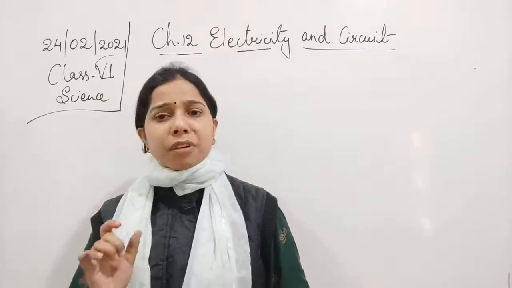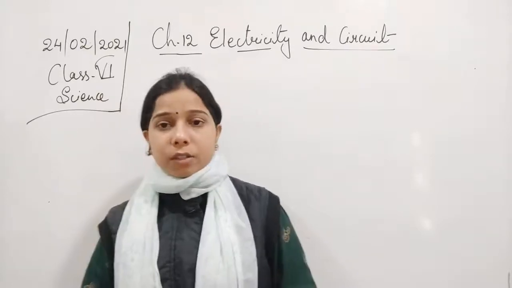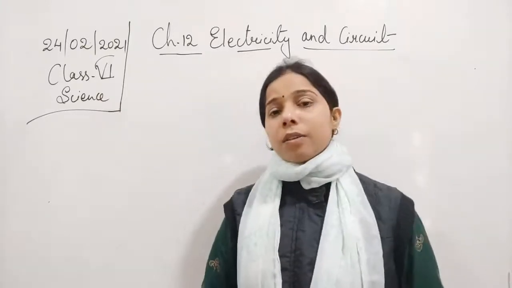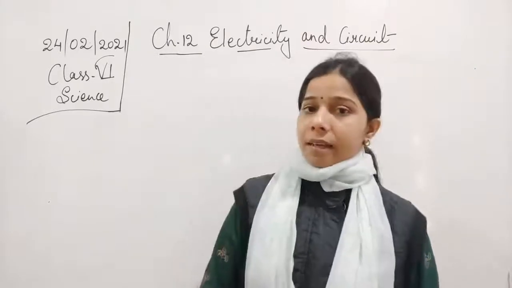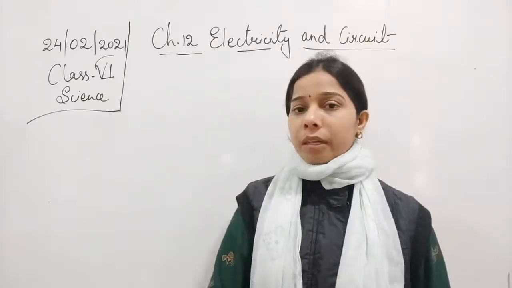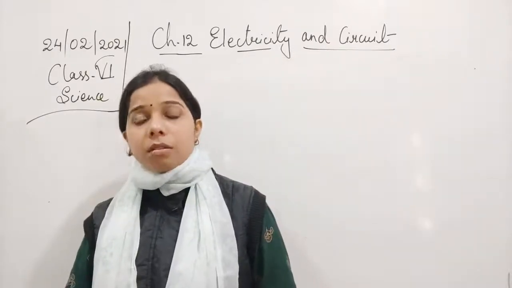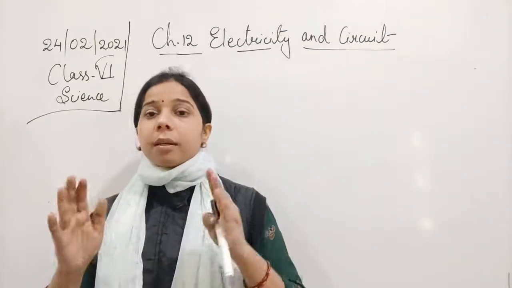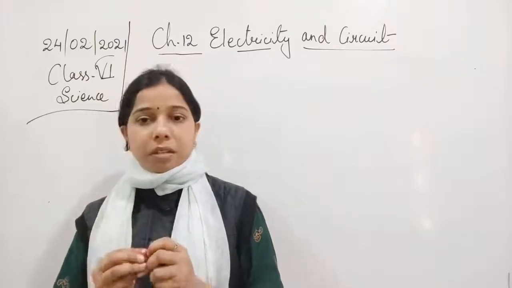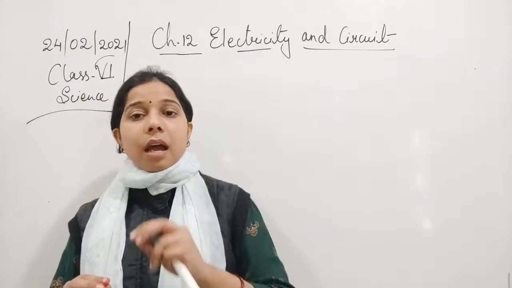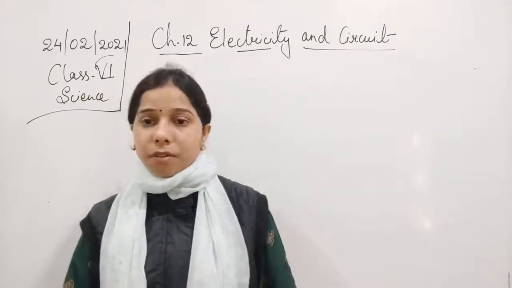You know that for a simple electric circuit, the things that are important for us are the connecting wire, the cell and the bulb. If a switch is there, the switch will also be included. Now, when we talk about the closed circuit, it is a complete circuit in which the wire from one terminal of the cell is connected to the device, and again from the device another wire is connected to the negative terminal of the cell.